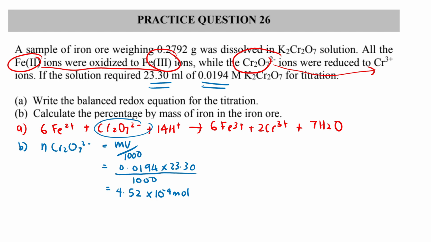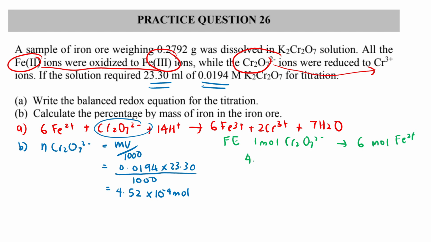Okay, then relate, as before, the relationship between Cr2O7 2 minus and Fe2 plus. So 1 mol to 6 mol. From the equation, 1 mol Cr2O7 2 minus to 6 mol Fe2 plus.